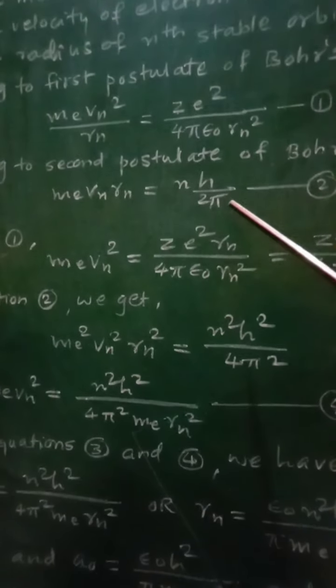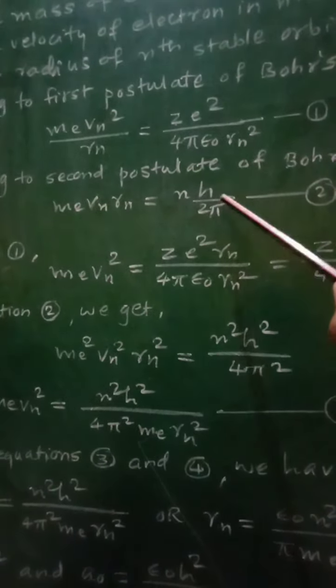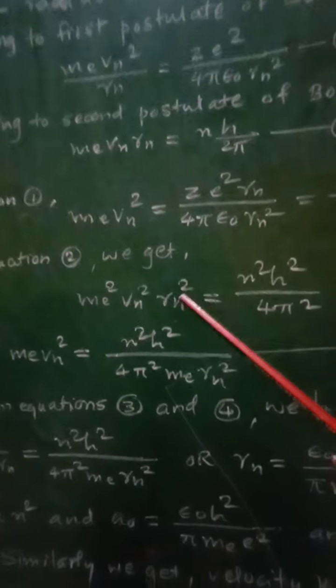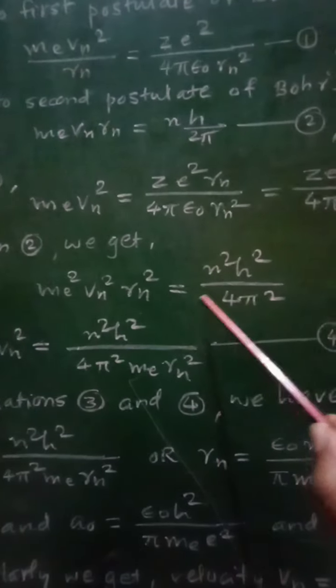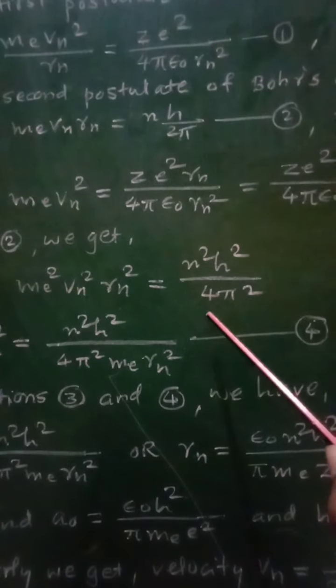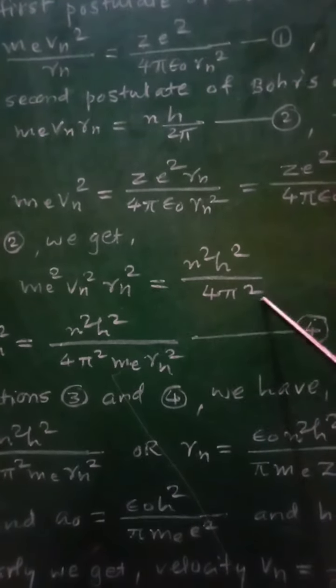That is, me square Pn square Rn square equals n square h square upon 4 pi square.